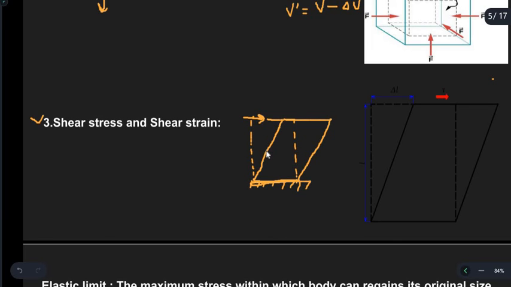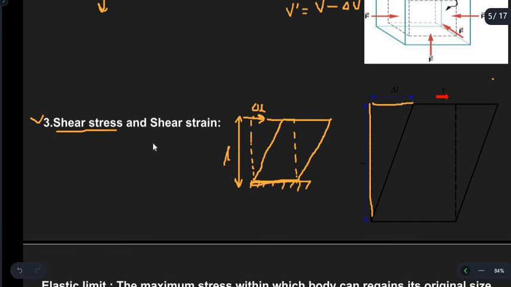I think you can understand. Now let's say the original length is L, and this slight shift is del L. See, this part is del L, and the original length is L.